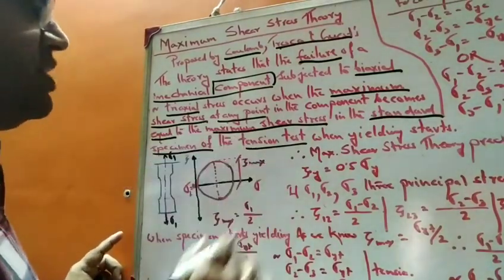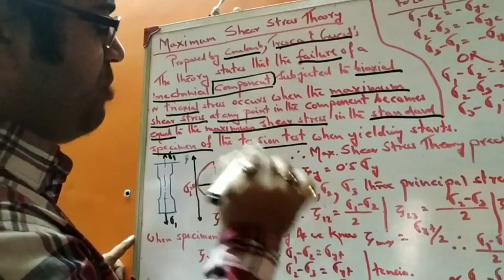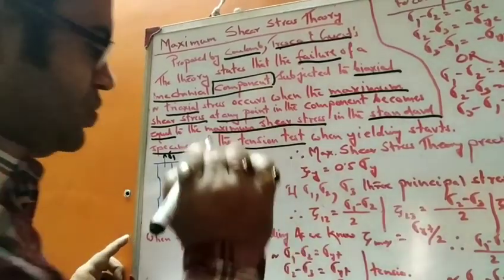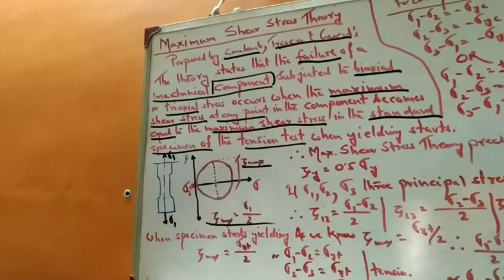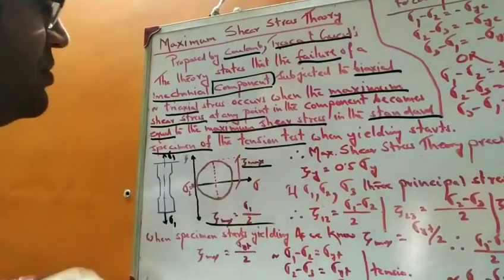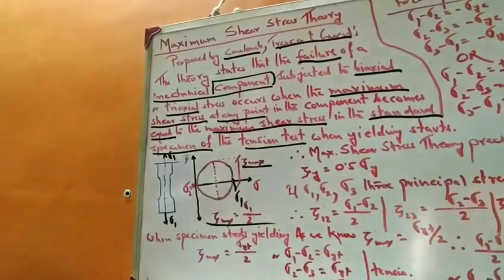If we plot this, the maximum value of the shear stress, tau max, should be equal to sigma 1 by 2. The maximum value of shear stress according to the Mohr circle should be half of the maximum sigma 1.